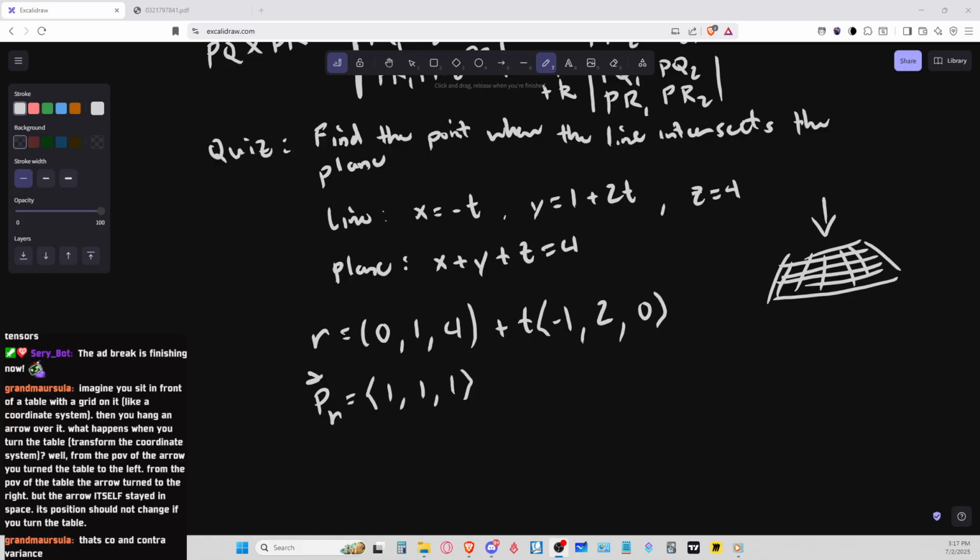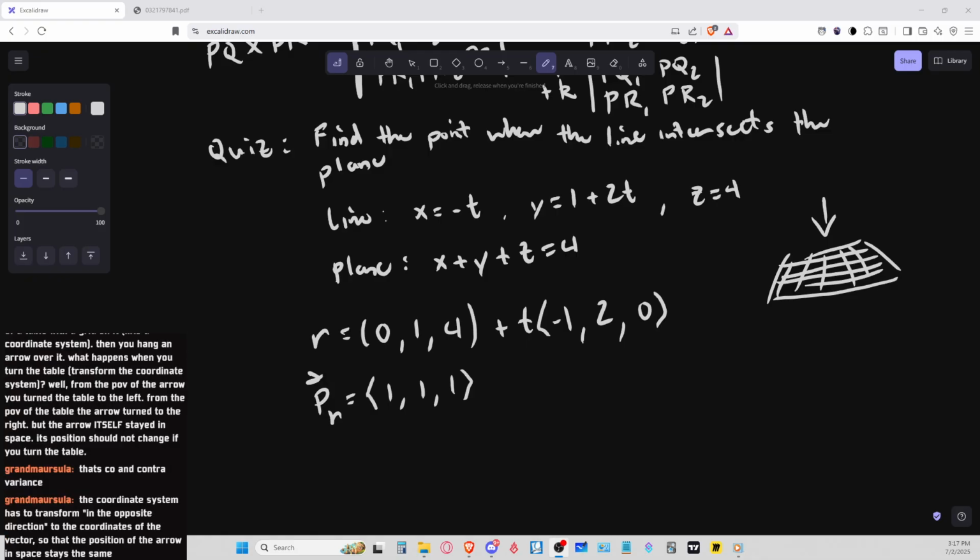So which represents the covariant, and which one represents the contravariant? Because I know the shifting of the table and the arrow's perspective of the table has some sort of relationship with the contravariant and covariant metaphor here. It's a good visual to think about, though. The coordinate system has to transform in the opposite direction to the coordinates of the vector, so the position of the arrow in space stays the same.